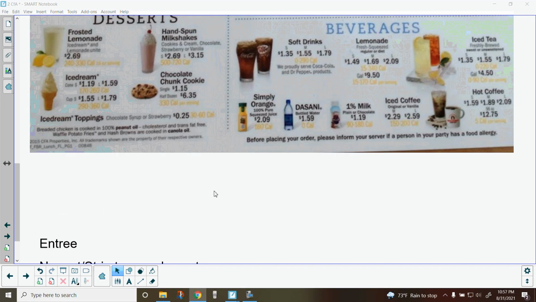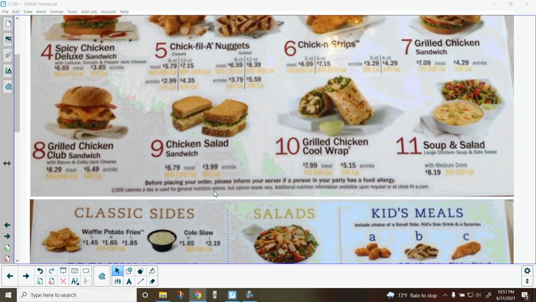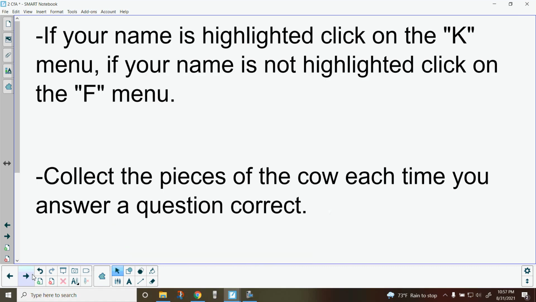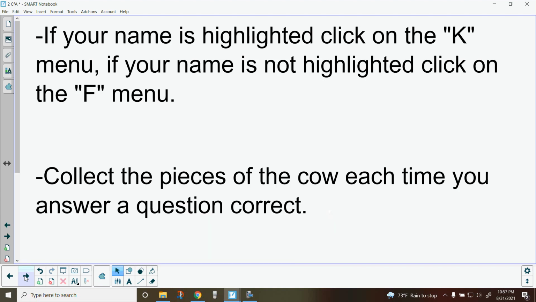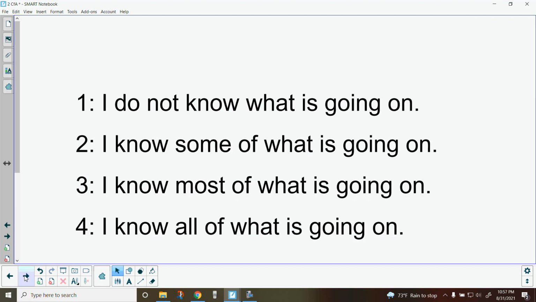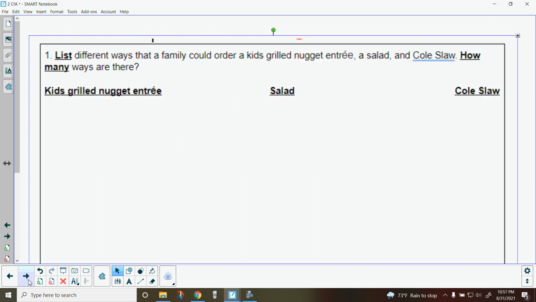So let me click through here. Yeah, so if you did the right thing, you would get a good job on that Google form. If not, you got sent back to that question until you got it right. Now, will it be frustrating because you're going to be thinking one thing and the answer is another? Yeah, so that's why I said I'll just do these three and you just hammer through, okay?